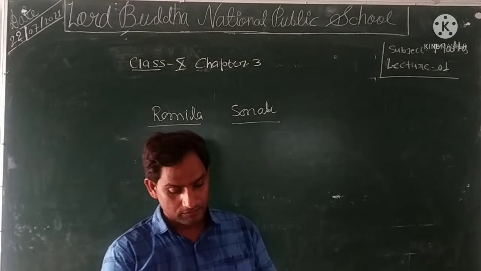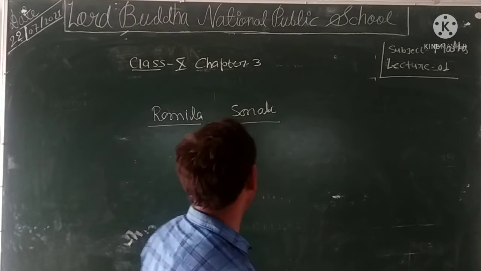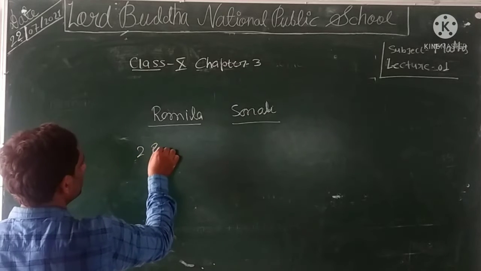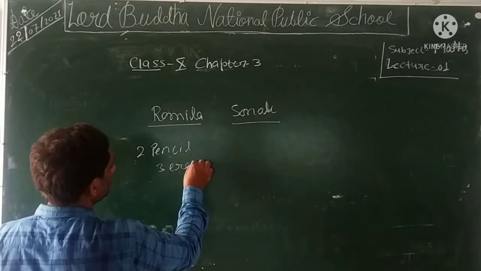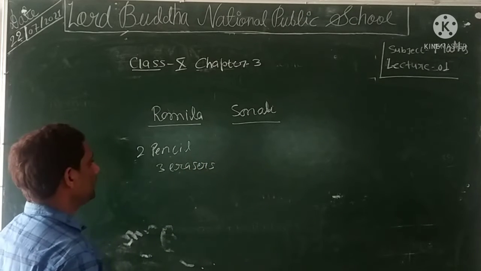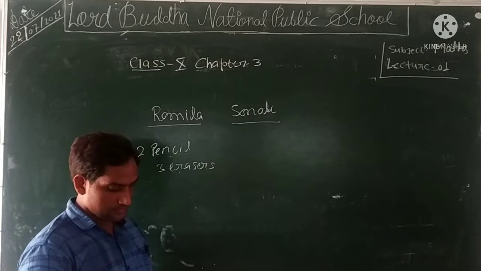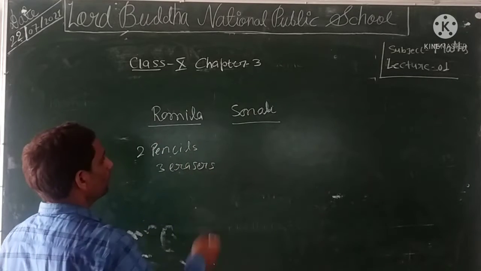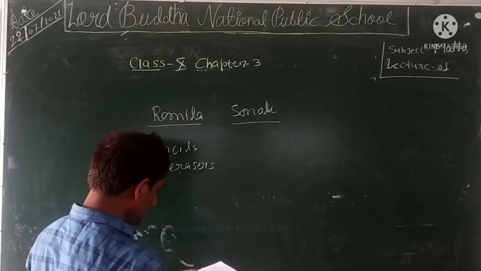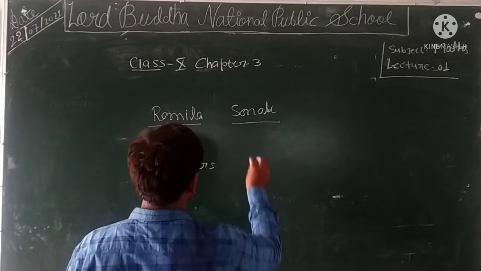Romila bought 2 pencils and 3 erasers, while Sonali bought 4 pencils and 6 erasers.